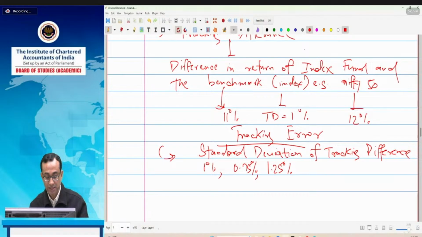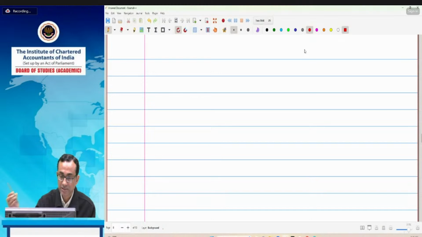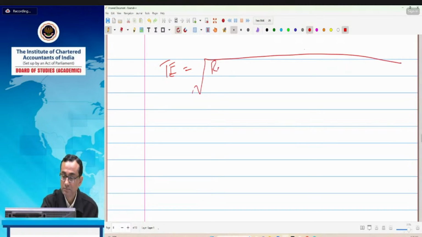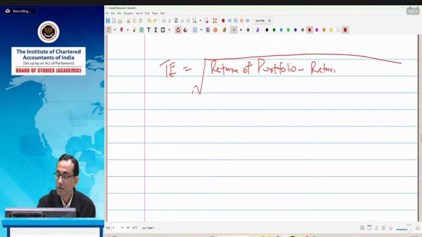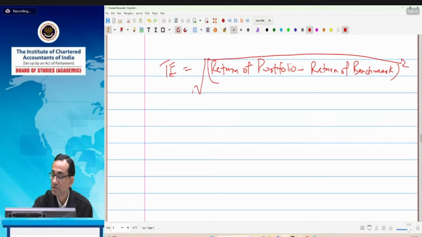So tracking error is calculated by this simple formula, which is given in your study material also. Tracking error is equal to, I am simplifying the language, the formula is the same, the square root of the sum of the squared differences between return of portfolio minus return of benchmark, divided by n minus 1.